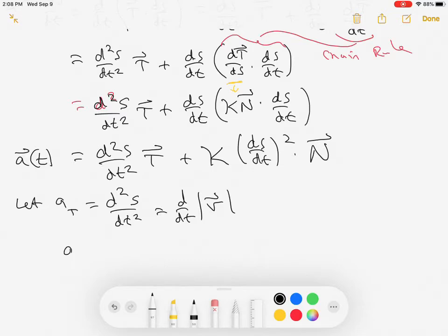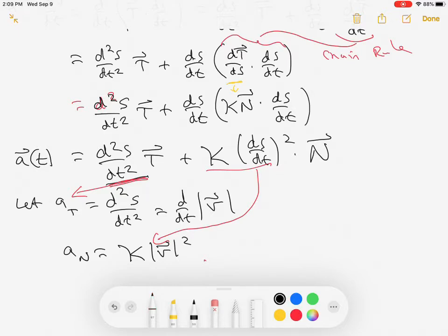And that's by the definition of the function s sub t. And then we're going to let a sub N be kappa times the norm of v squared. And let's see here, I'm going to use some red here. So this guy we're going to define to be a of T, and this guy we're going to define to be this thing.